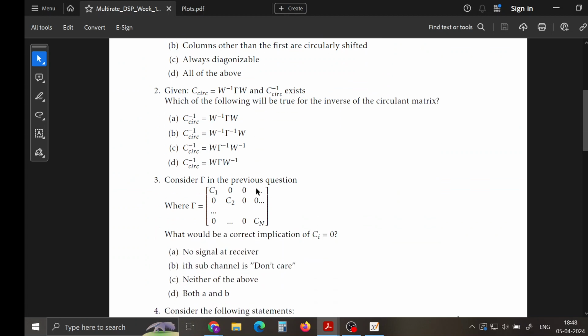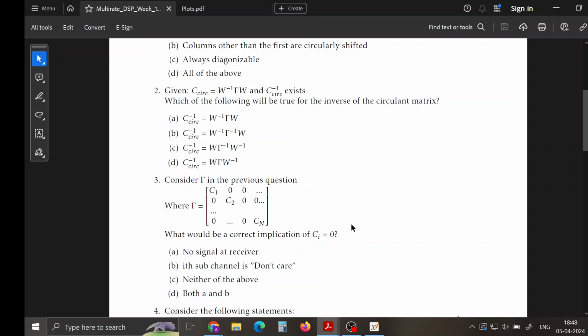In the third one, it's kind of an extension of the second question. So consider gamma in the previous question, that diagonal matrix, as follows. The principal diagonal has these entries C1, C2, so on till Cn.